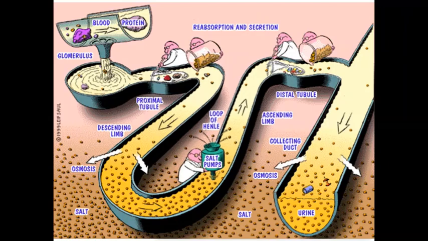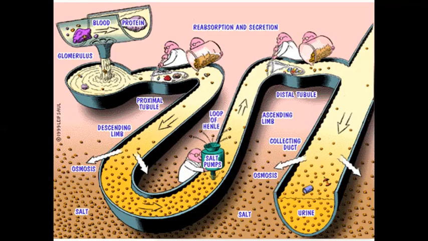At the same time, there are certain things that were not filtered here. They proceed into the efferent arteriole. When it reaches the peritubular capillaries, the body realizes, I should have filtered this. So what does it do? It's going to secrete it into the lumen of the kidney nephron so that it can be excreted later on.